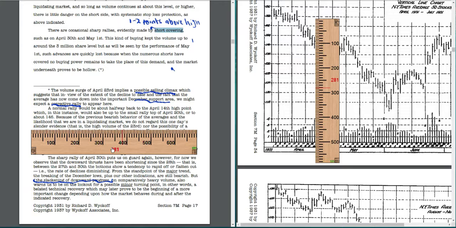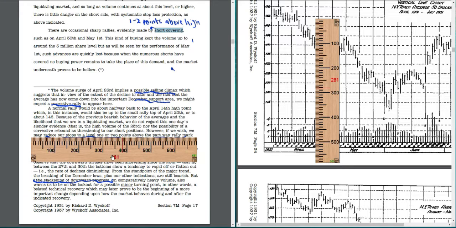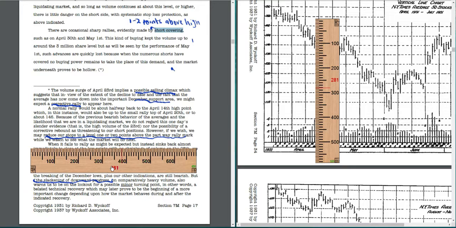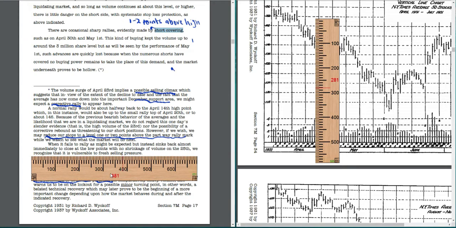We do not regard this one-day slender evidence nor the possibility of a corrective rebound as threatening to our short positions. However, if we wish, we may reduce the stop losses. When it fails to rally as might be expected, but instead sinks back to almost close at the low point with no shrinkage of volume on the 25th, we recognize that this is vulnerable to fresh selling.